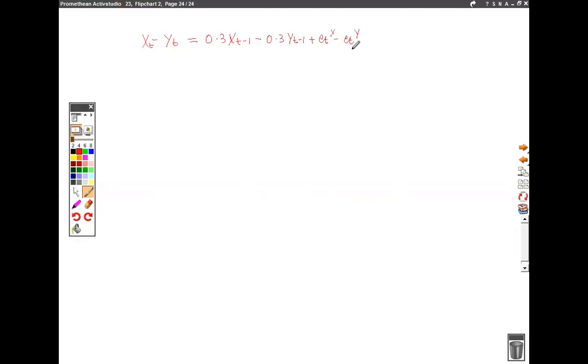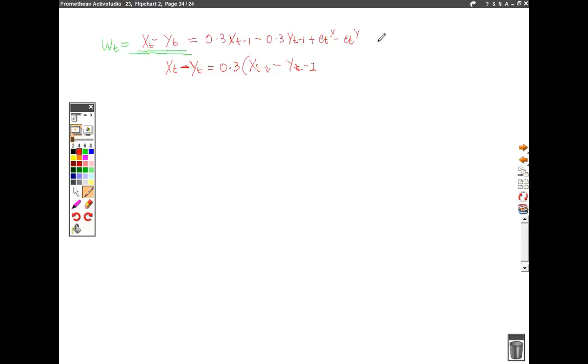Remember, the process that I have to show is stationary is my xt minus yt. So let me define this xt minus yt as wt. What I have to show is that this is a stationary process. I can rewrite this as xt minus yt equal to 0.3, taking it out as common, times xt minus 1 minus yt minus 1.